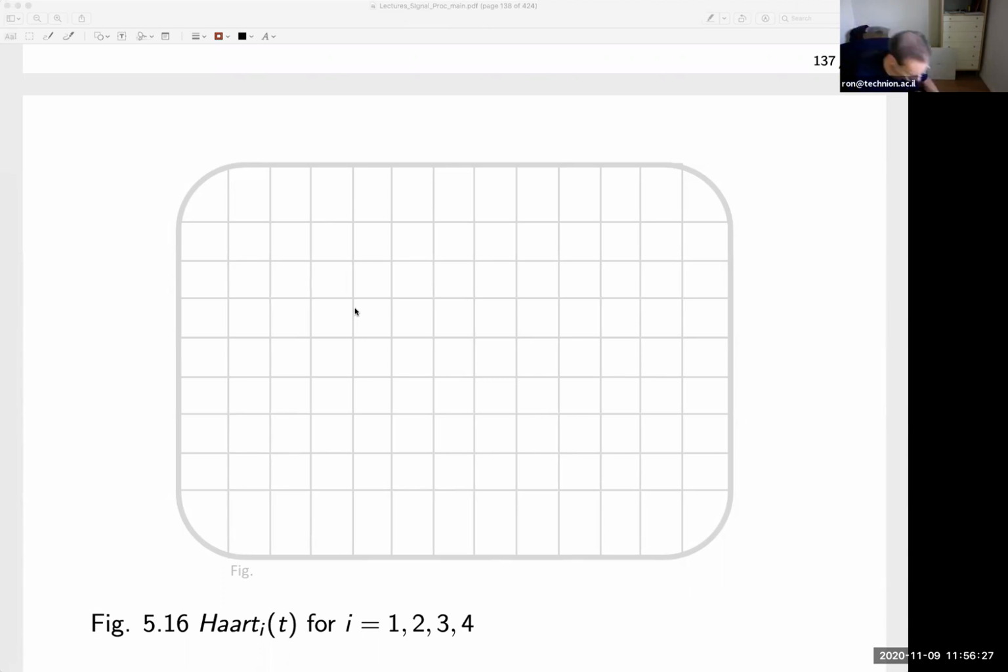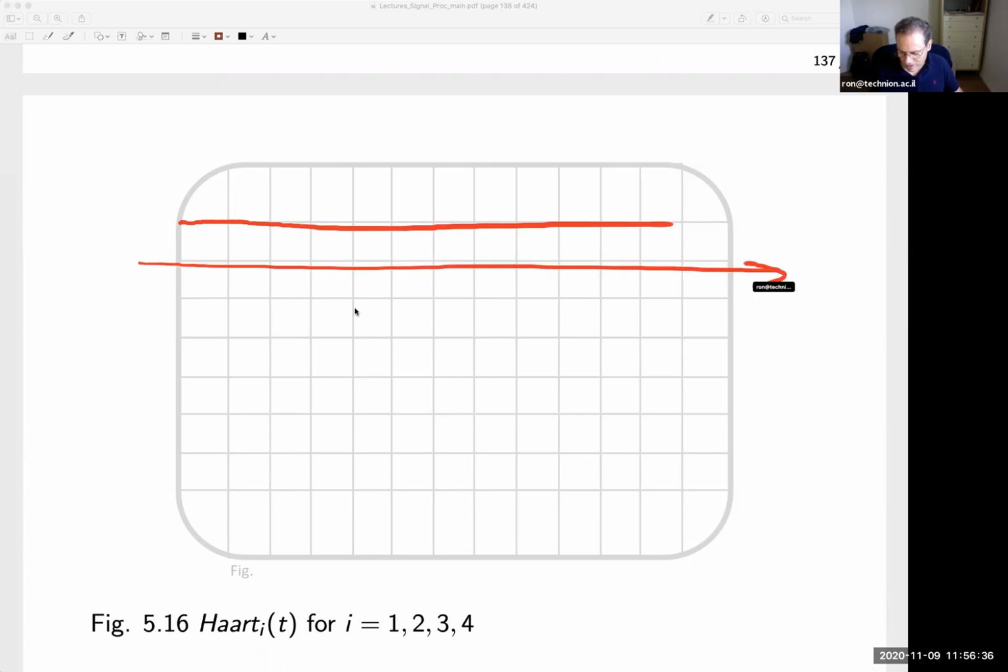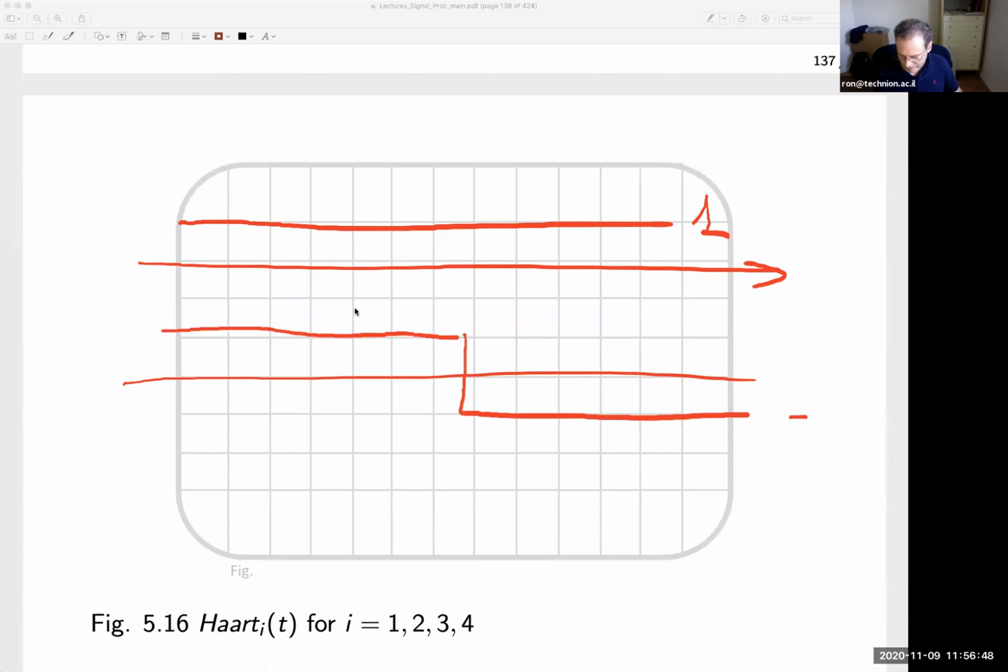I mean, the Haar basis, let's plot the Haar basis. Okay, so the Haar basis would look like that. It would look like a constant. So if this is T, this is how the first basis of the Haar would look like. Then the second one would look like that. It would be 1 until the middle, and then it would be -1. The third one would be 1, -1, and then it would go to 0.